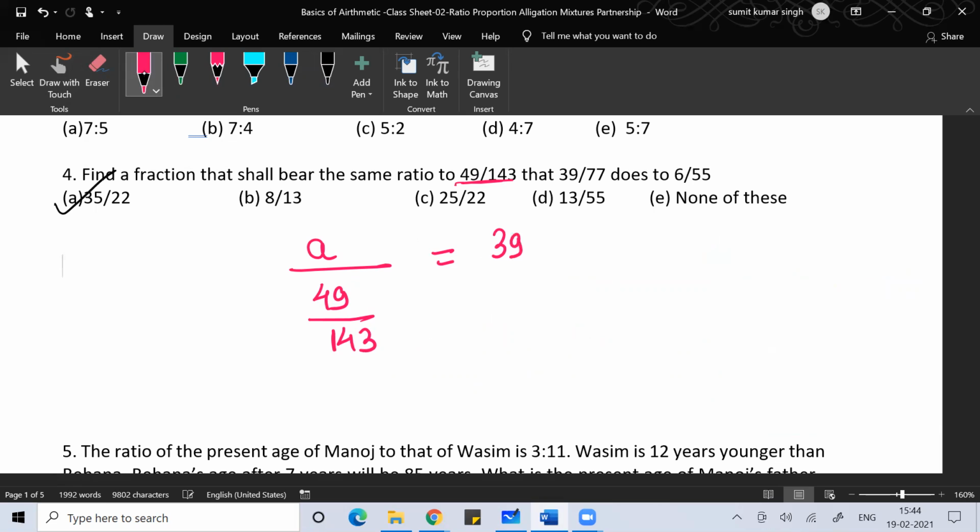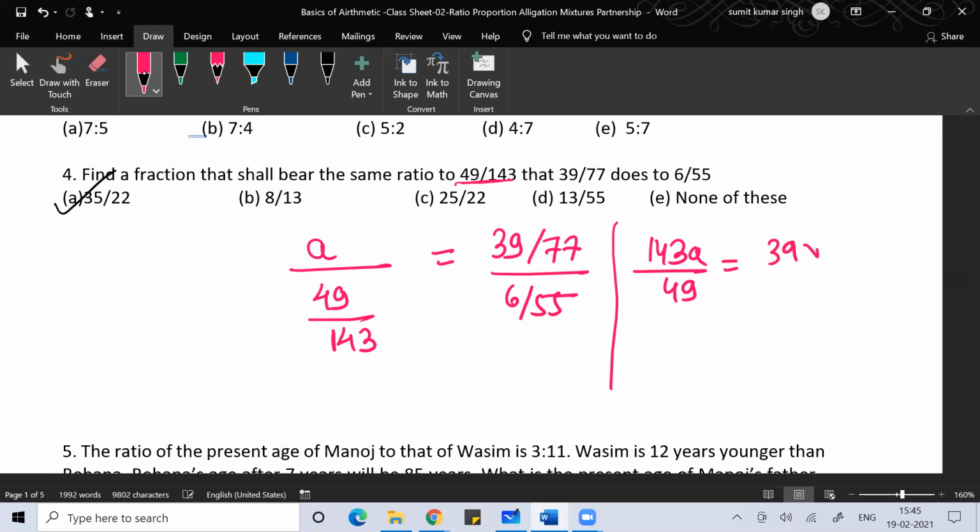So the same relation 39 by 77 has with 6 by 55. So I can write this as 143 by a by 49 is equal to 39 into 55 by 77 into 6.